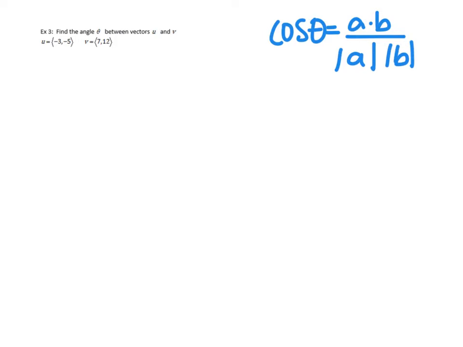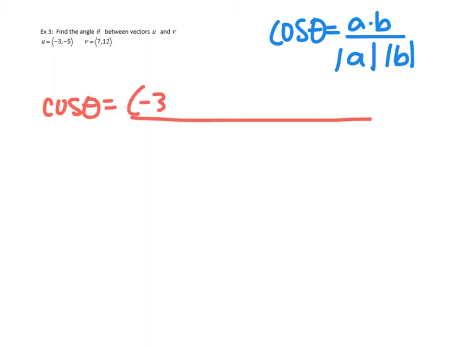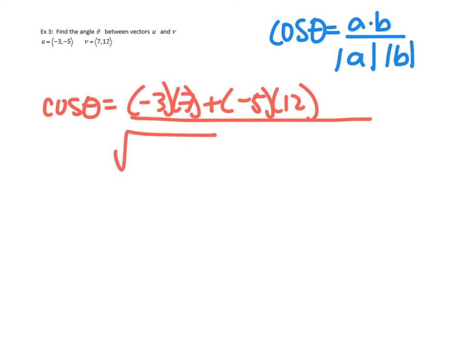Okay, if I want to find the angle between two vectors, I forgot to put the formula in here. That's cosine theta equals your dot product divided by the magnitude of each one. So cosine of theta equals negative 3 times 7 plus negative 5 times 12, over, and remember, this does not mean absolute value when we're dealing with vectors.